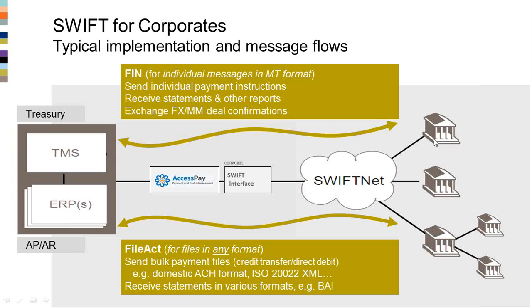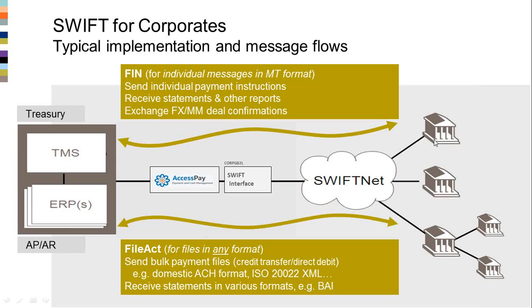And then what would be needed is a SWIFT interface that hosts the corporate's BIC, as we just discussed, and provides the physical connection into the SWIFT network, and then the possibility to communicate with the different banking partners that any given corporate is working with. Typically what we see is a variety of different flows are then possible.